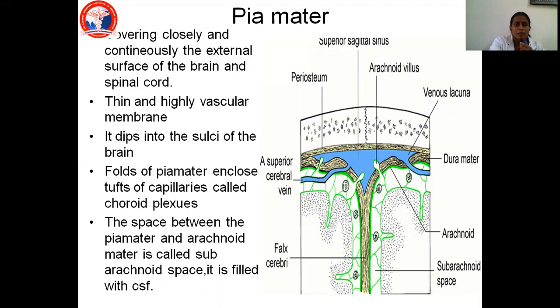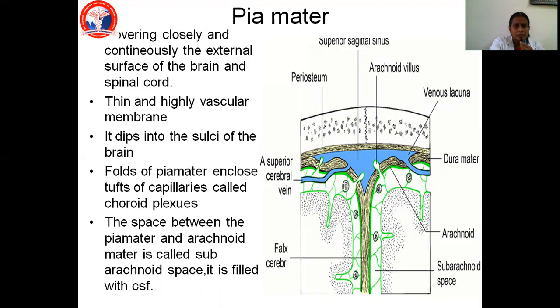The arachnoid mater is the middle layer. It has minute protrusions called arachnoid villi that penetrate the fenestrae of the dura mater and enter into the venous sinuses. And the third one is the pia mater.